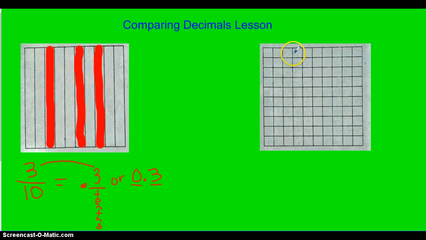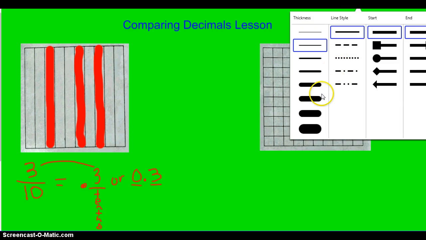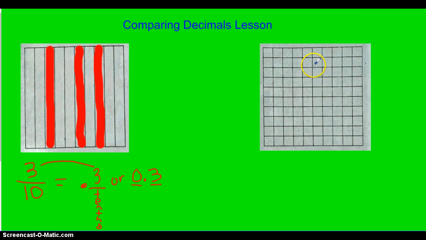So let's take a look at the grid over here. We can see that this grid has a lot more parts than this. And if we look at it carefully, we've basically taken these 10 parts and broken each of them into 10 parts, if you look at that.